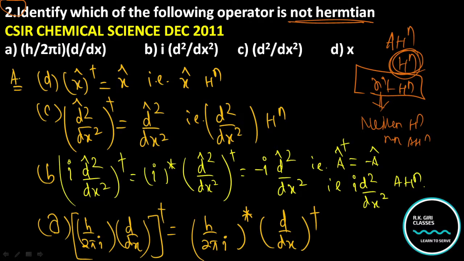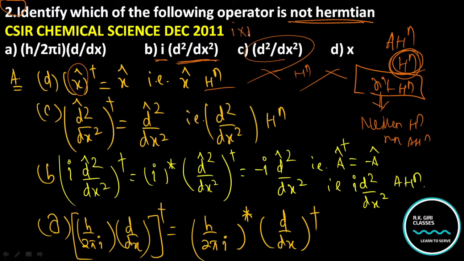You know that x is Hermitian, just cancel it, so option D is wrong. d square by dx square is a Hermitian operator, cancel it. And i d square by dx square, you know that d square by dx square is a Hermitian operator, and i into a Hermitian operator means the result will be an anti-Hermitian operator. That means it is the answer, right?